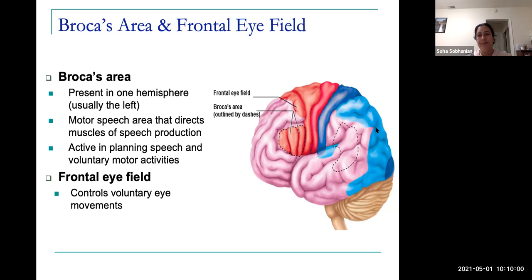Broca's area on the right side, or right hemisphere, is responsible for creation of the emotional overtone.